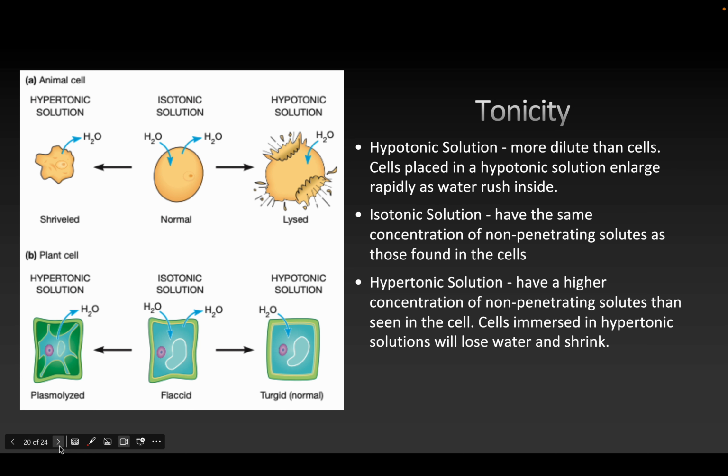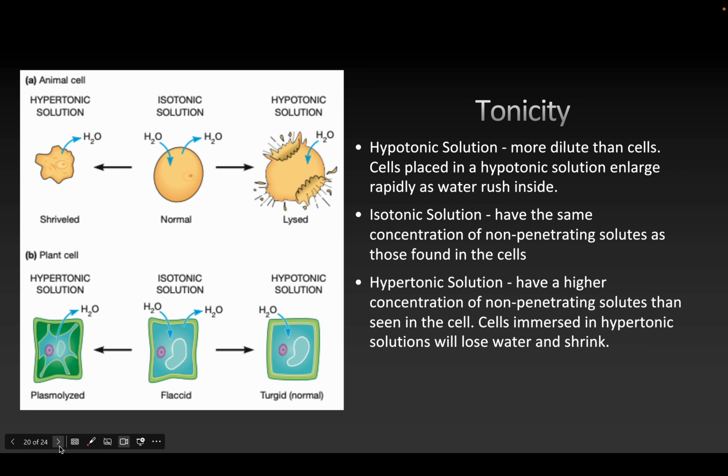The second type of solution is isotonic, which has the same concentration of non-penetrating solutes as those found in normal living cells. In isotonic solutions, the net movement of water is zero. Whatever amount of water molecules goes inside the cell will go out as well. So definitely there is no change in the integrity or appearance of cells that are subjected to isotonic solutions.